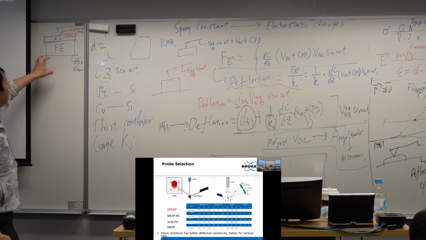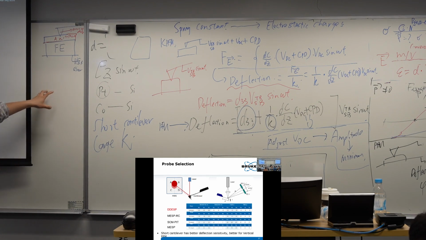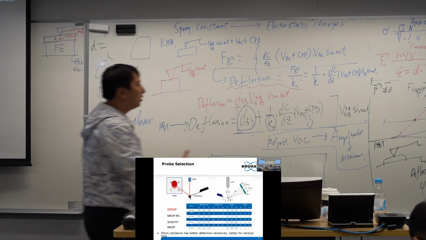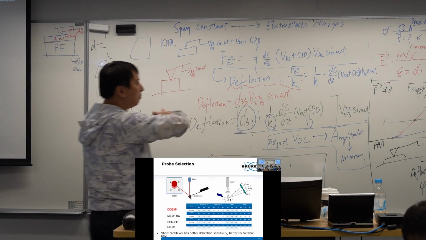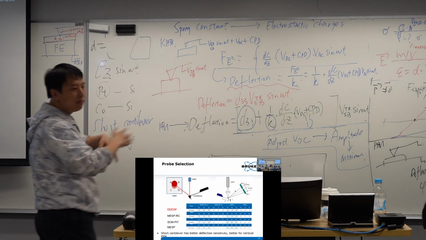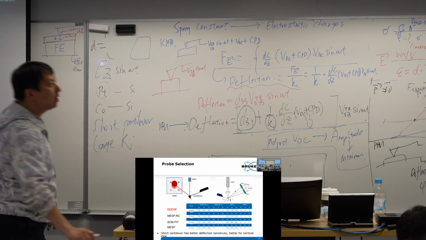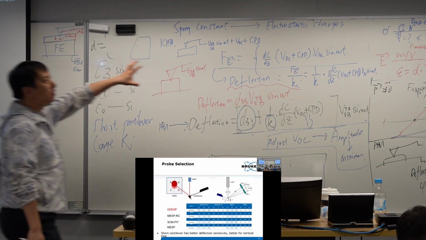With this kind of setup, you already said it yesterday, right? The surface potential on gold or on platinum is quite low because it's due to the contact potential difference. There's no charge here.